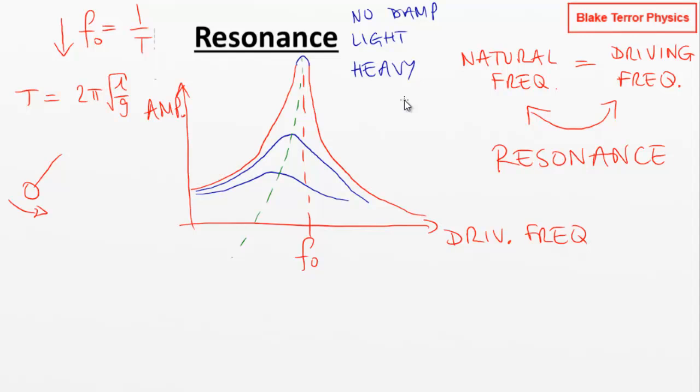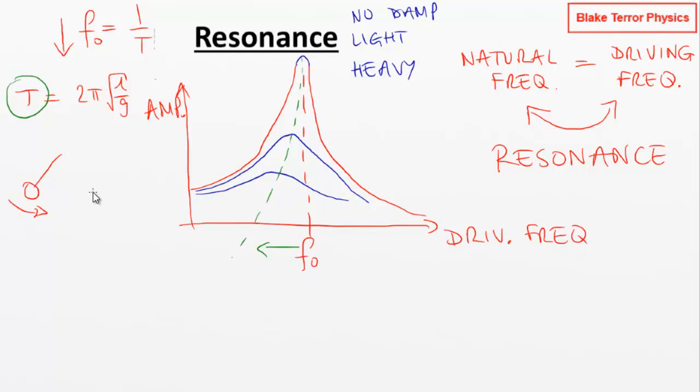Everything's going to be slowing down, in which case you're going to get a greater time period because everything's taking longer, in which case you're going to get a lower natural frequency. So the more you damp something, our natural frequency is going to move off to the left here. Damping means a reduction in natural frequency, which means our peak is going to move to the left.